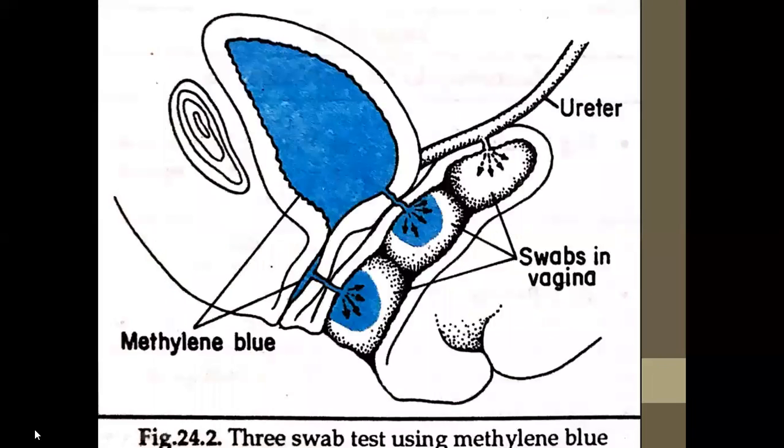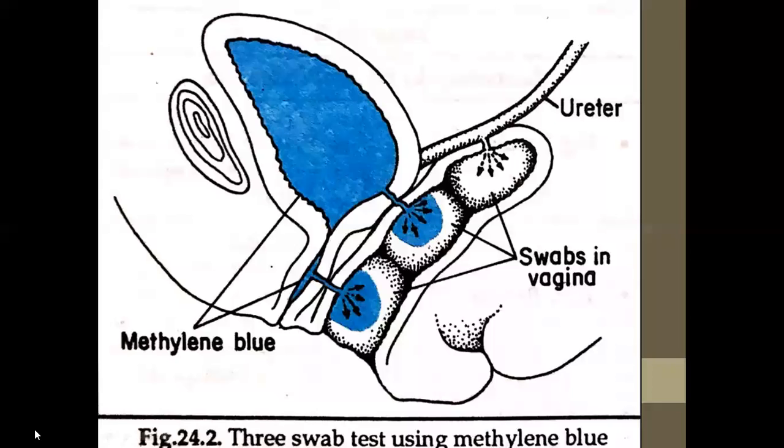This picture shows the 3 swabs in the vagina: one at the vault, second in the middle, and the outer swab just inside the introitus. Methylene blue is injected to diagnose where the leak is from.